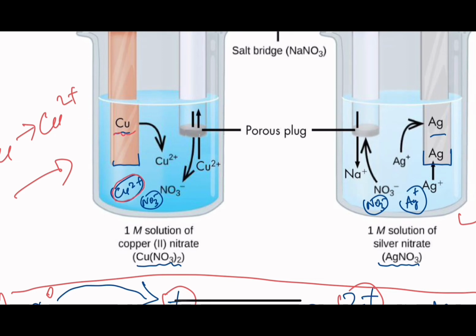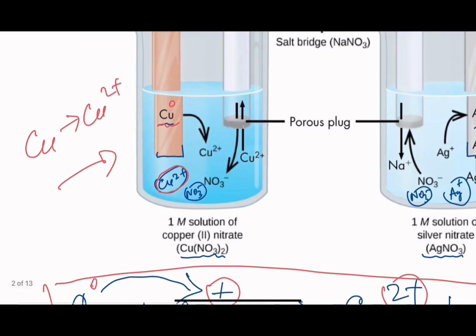While copper itself, when it's 0, is a metal. Because copper went from 0 to +2 charge, we know that some of this metal eroded and fell into the solution. The same thing happens many times in here, and we have a bunch of copper +2 ions collected in here, because this is a spontaneous reaction, right?